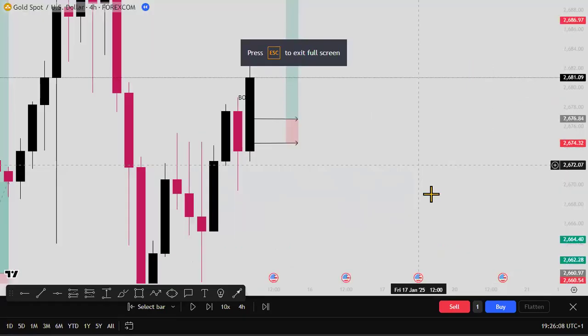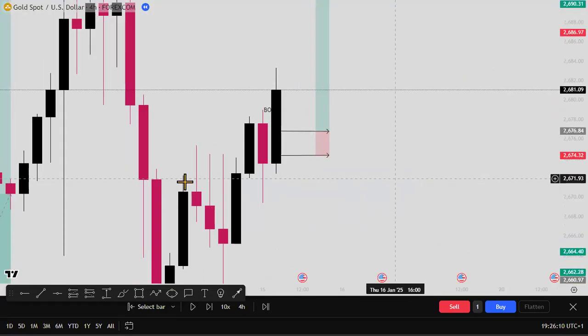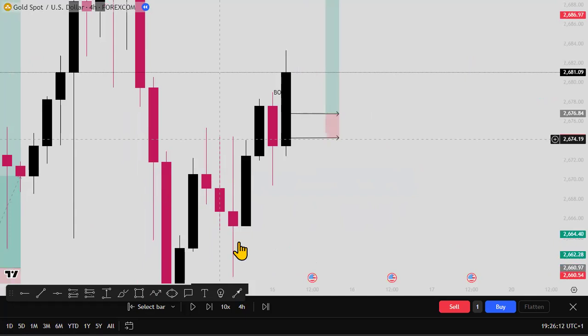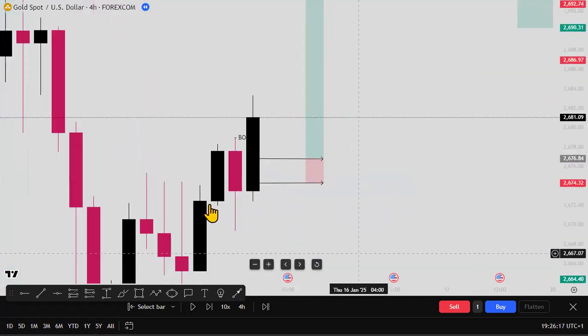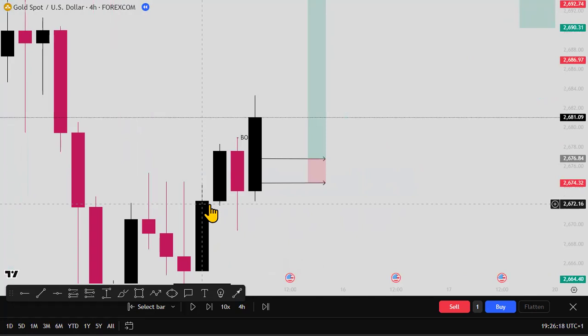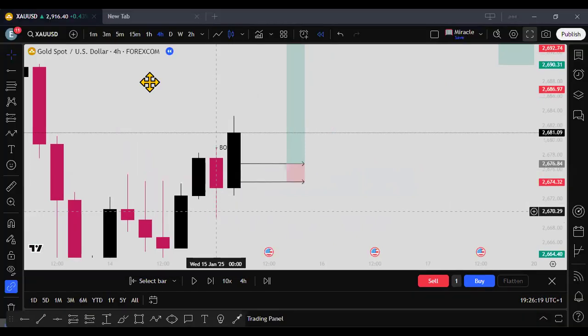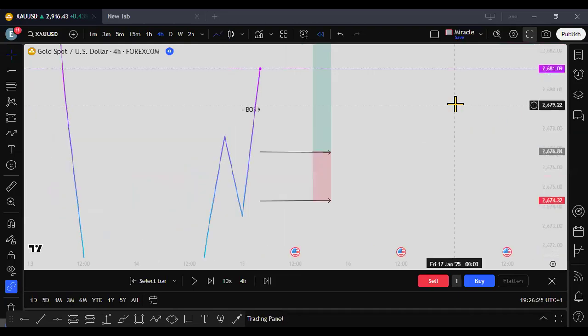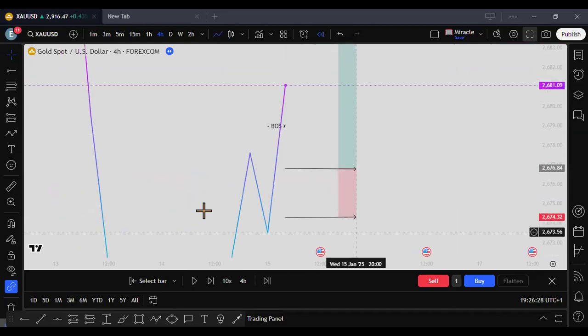Right here, we saw that price was moving in a bullish direction. And if we go to our line chart, your line chart actually helps you to know, all right, this is an area of liquidity.